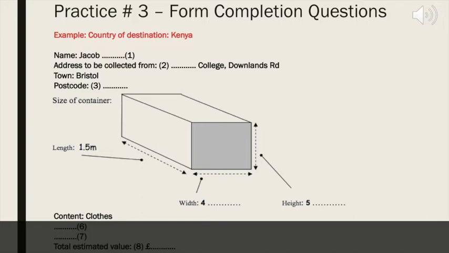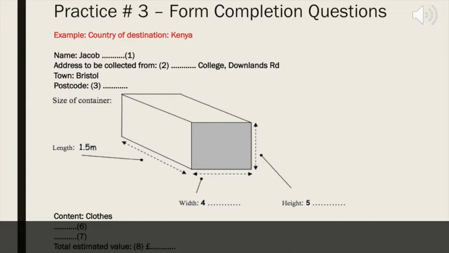And you say that you will be sending the box to Kenya? That's right. And where would you like the box picked up from? From college, if possible. Yes, of course. I'll take down the address now. It's Westall College. Is that Westall? Yes, college. Westall College. And where's that? It's Downlands Road in Bristol.